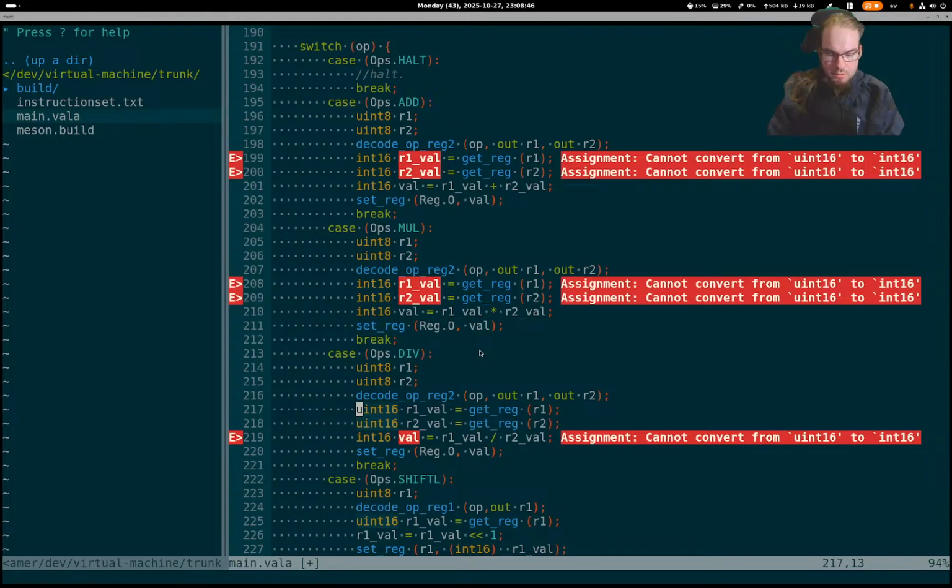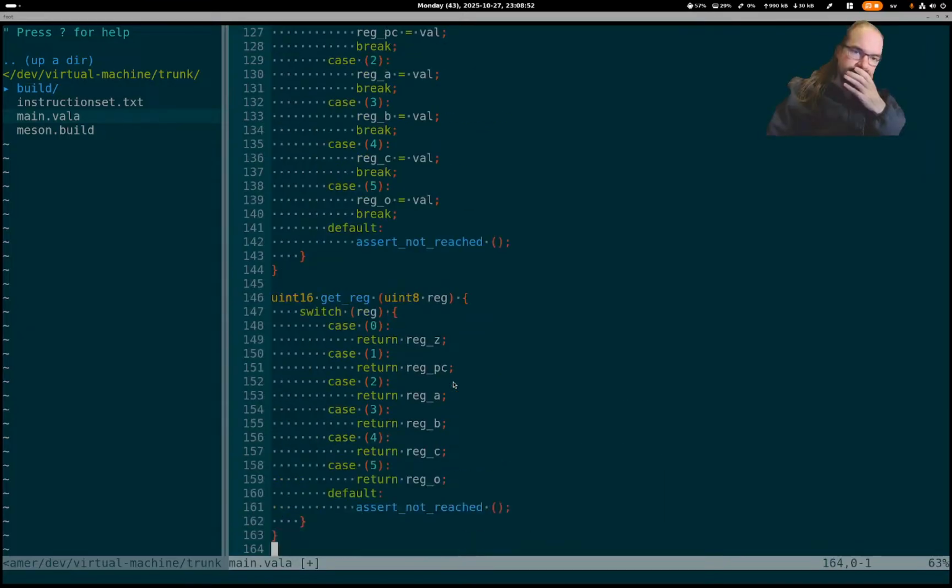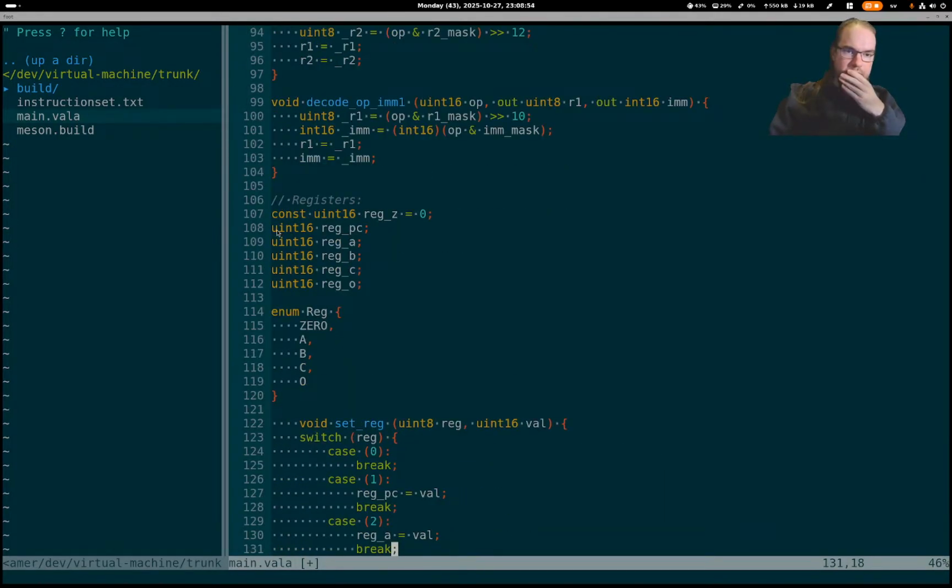That will not work. We need them to be integers, right?